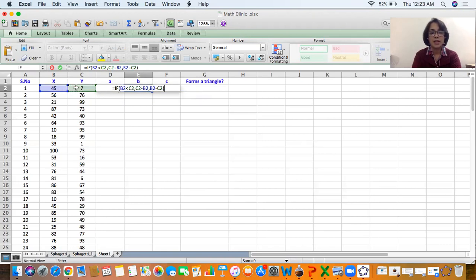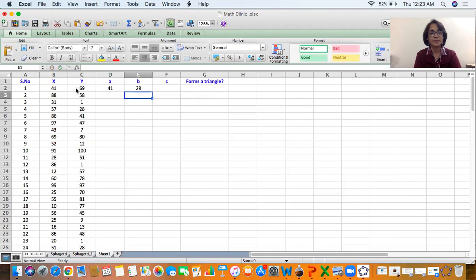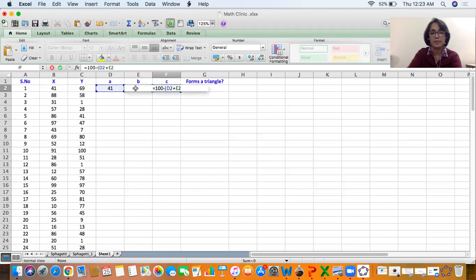And press enter. Now let us look at this. The X value is 41, the Y value is 69, the smaller value, A, is 41, and the difference between 69 and 41 is the length of B. And finally, I want to simulate the length C, which will be 100 minus the sum of A and B. So I do that.